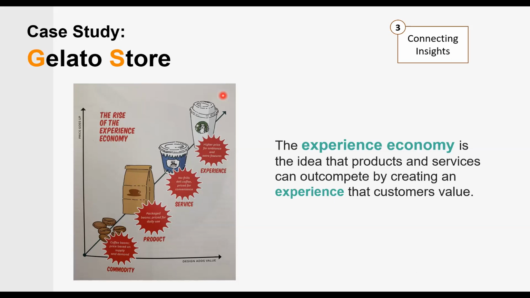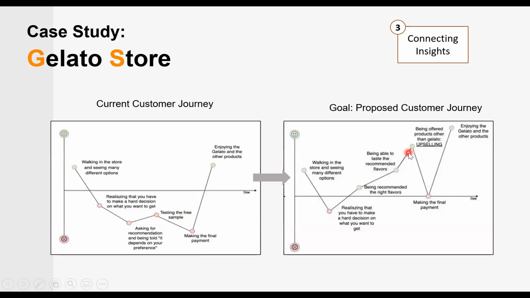So basically, we have seen that this gelato store is here in the service stage, right? Stage 3. How do we bring about the experience? So we proposed a new set of customer journey. So previously, Sarah has mentioned that the customer journey are mostly here, right? In the negative space.